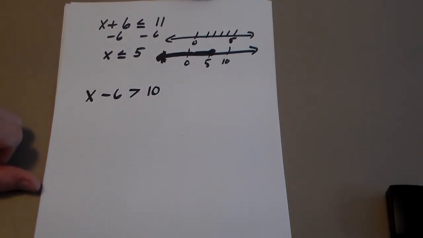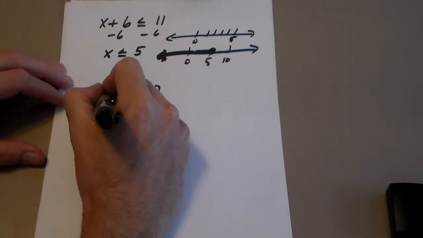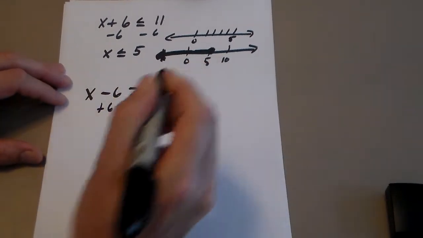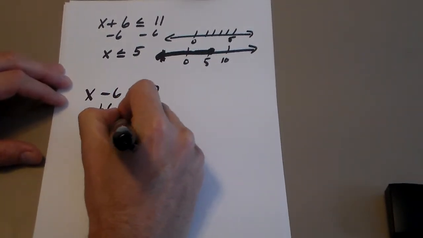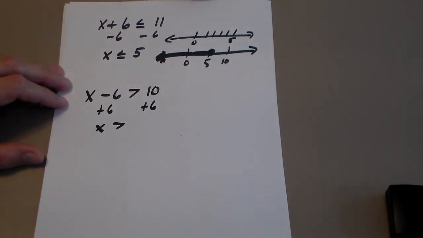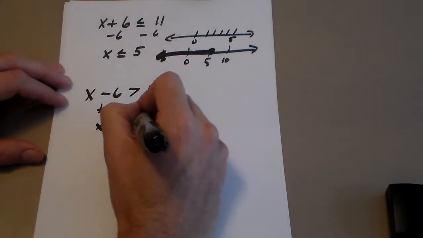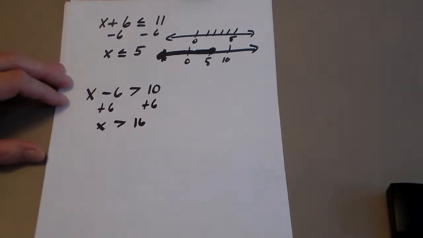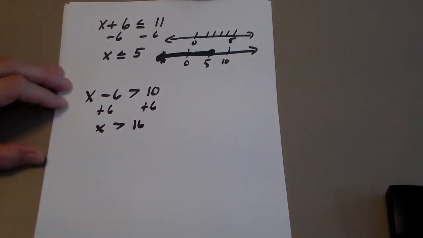And so instead of subtracting 6, I'm going to add 6. So I'm going to go plus 6, and I'm going to get x is greater than 10 plus 6. And we know 10 plus 6 is 16. Okay, so I have x is greater than 16.